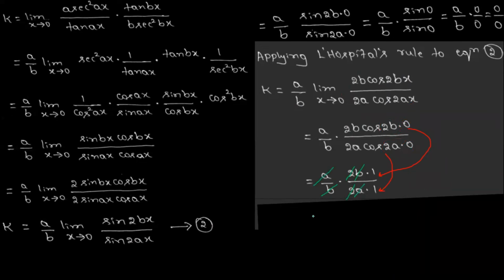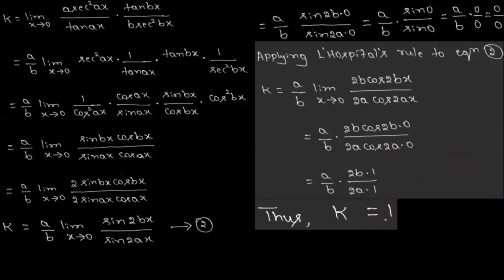So finally what remains is the answer as 1. The answer will be 1 after cancellation. Final answer is 1. So by applying the LH rule, finally we got the value of the limit of the given function as 1. So this completes our problem.